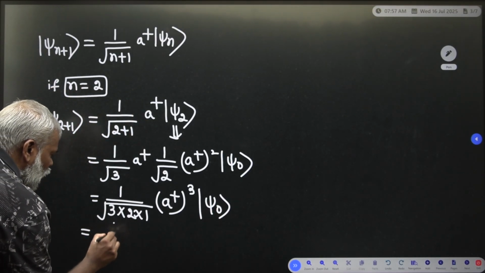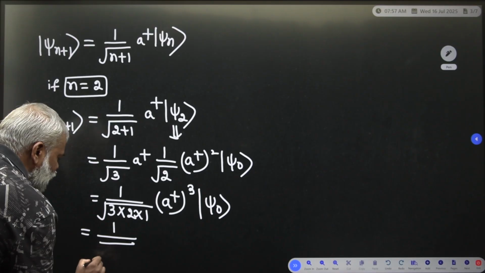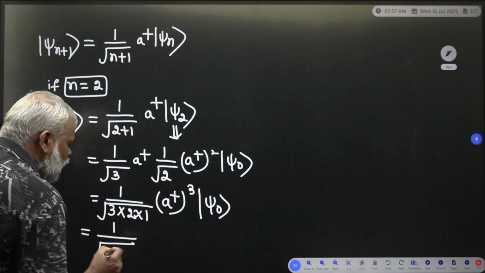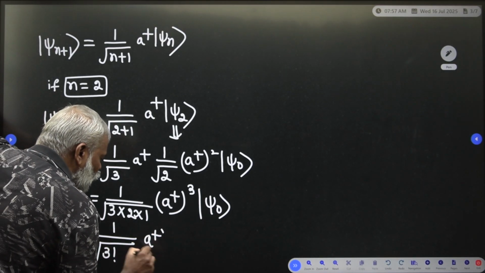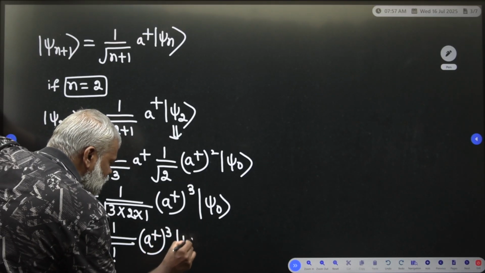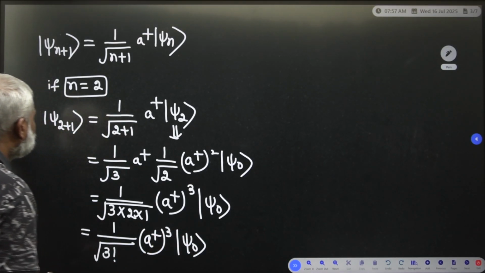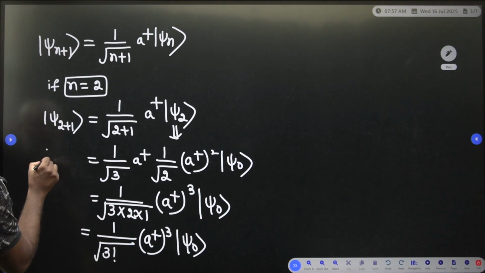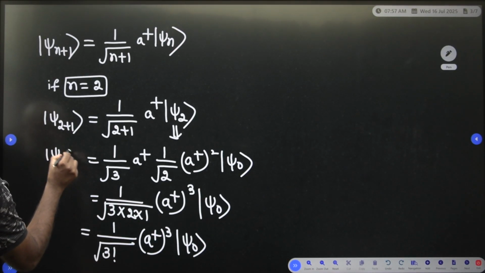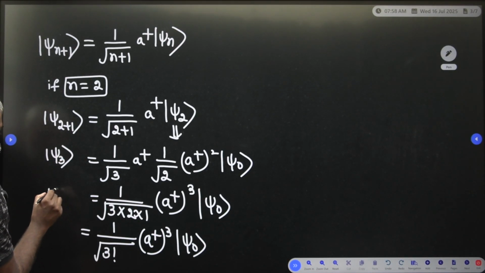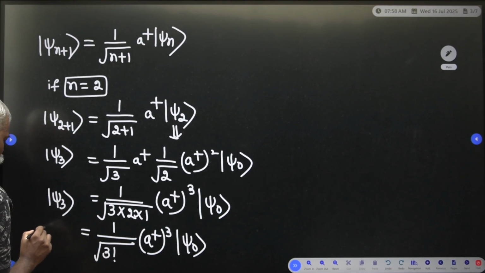So, this is 1 by square root of 3 factorial into a dagger whole cube into ket psi 0, which is equal to ket psi 3. How much value are we going to get?